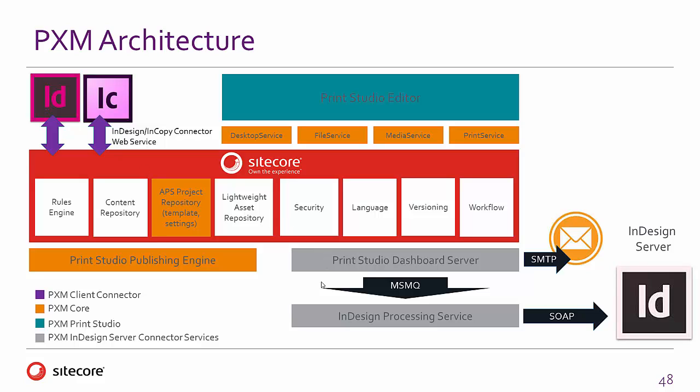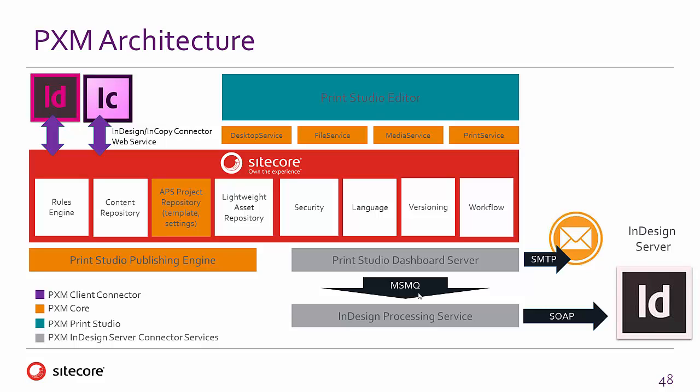And then lastly, if we're looking at InDesign Server and automation with PXM, there are a number of services. First is the Print Studio dashboard server. What that does is that it receives those requests from Sitecore as jobs. And those are in turn queued through MSMQ. So the dashboard server will receive those jobs from Sitecore and create queue entries in the Microsoft Message Queuing system.